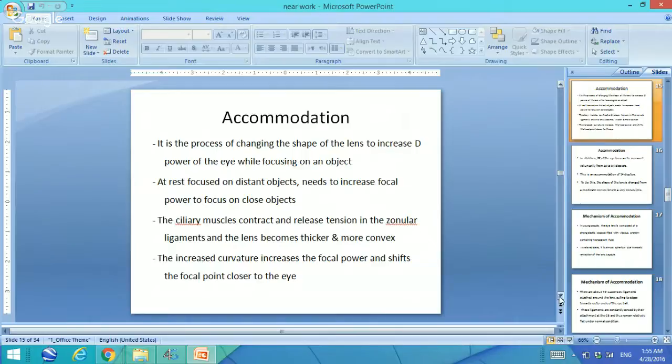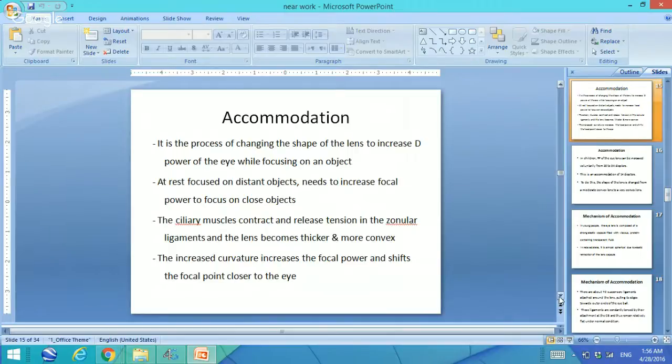During rest, focusing at a distant object doesn't need any power. So when changing from distant to near, we need to increase the focal power to focus on these near objects.